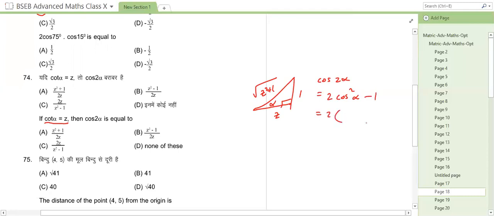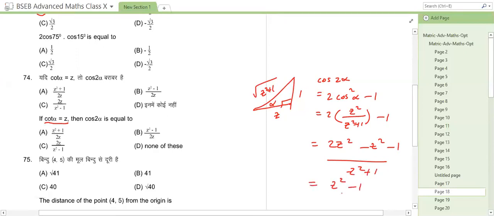Cos squared alpha is adjacent over hypotenuse, z squared over z squared plus 1, minus 1. So what we have is 2z squared minus z squared minus 1 over z squared plus 1. So what we have is z squared minus 1 over z squared plus 1.